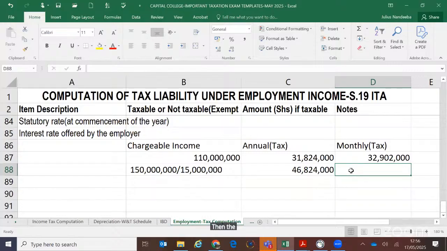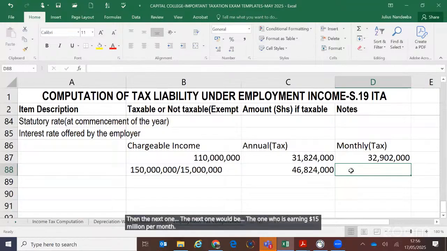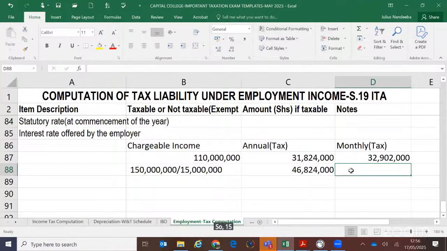Then the next one would be the one who is earning 15 million per month. So 15 million minus 410,000 times 30% plus 25,000 plus 300,000. How much did you get here?